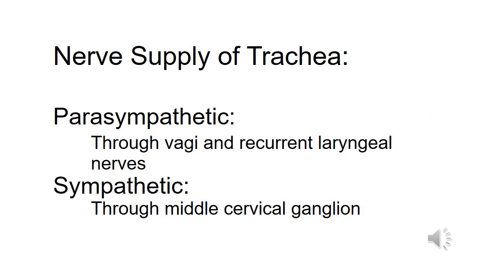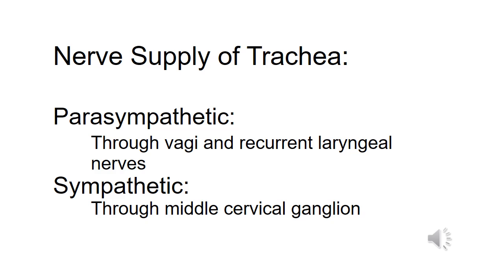Talking about the nerve supply of trachea, the parasympathetic nerve supply to the trachea is through right and left vagus nerves and the recurrent laryngeal nerves. This parasympathetic supply is sensory and secretomotor to the mucous membrane, and it is motor to the trachealis muscle.